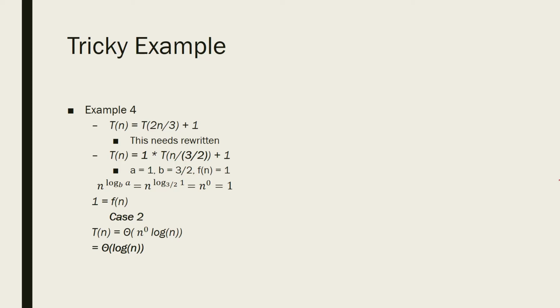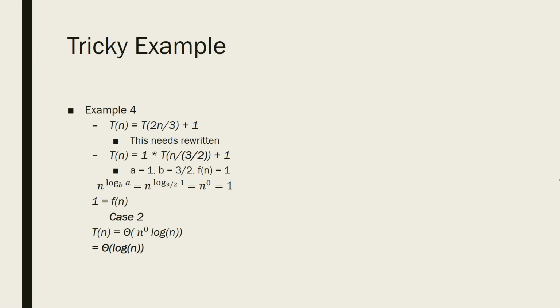So we go back to looking at n to the log base b of a, which equals n to the log base 3 halves, or 1.5, of 1, which equals, for any log, no matter what base, if it's a log of 1, that comes out to 0. So we have n to the 0, which is 1.